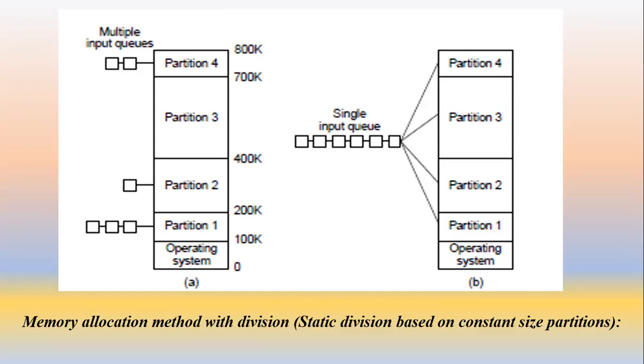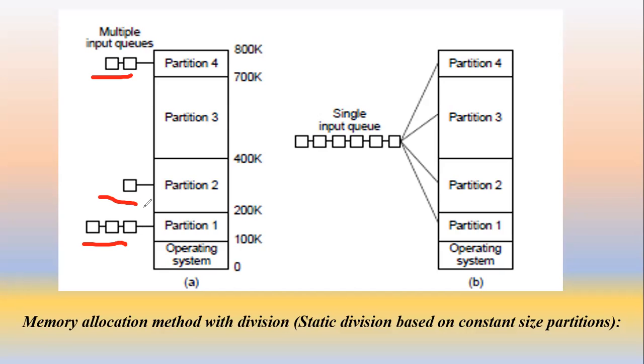So, my dear students and the rest of the learners, you can see that in figure A we have different queues for specific processes that fit to go into a particular partition.